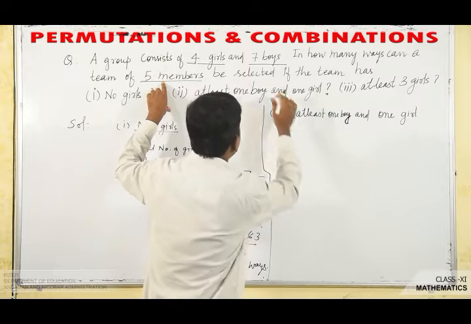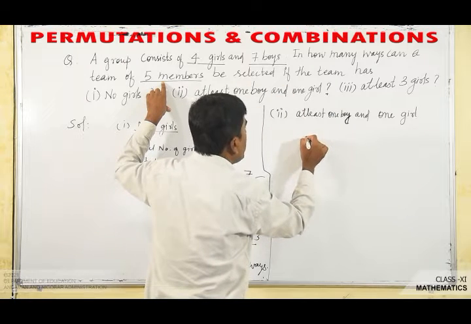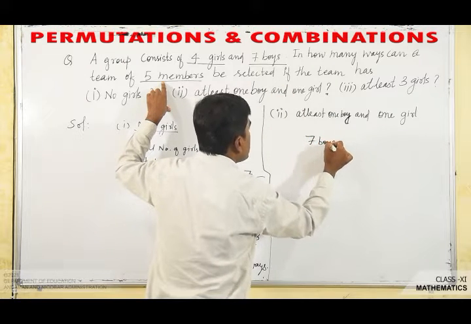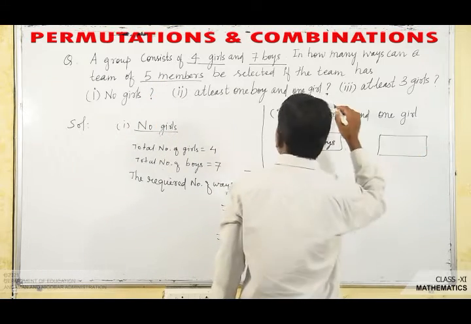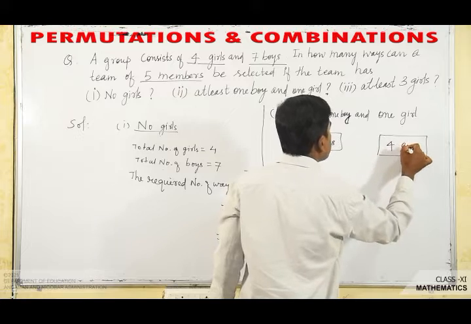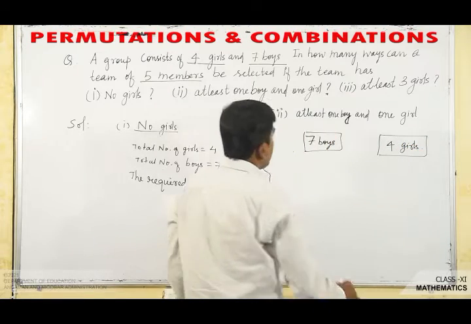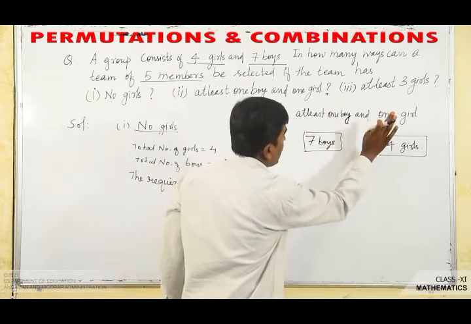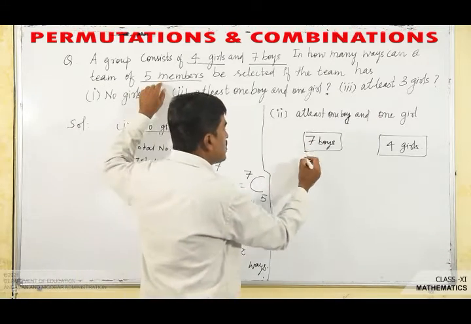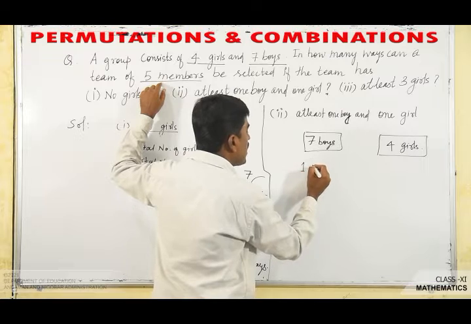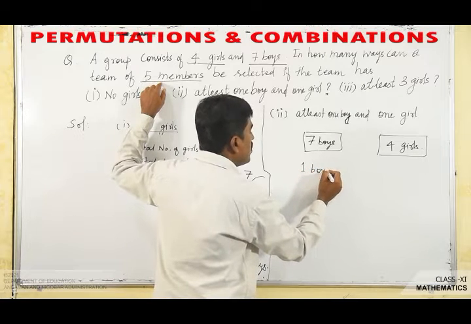The total number of boys is 7. And there are how many girls? 4 girls. Now at least one boy and one girl should be there in these 5 members. Suppose I am selecting one boy.